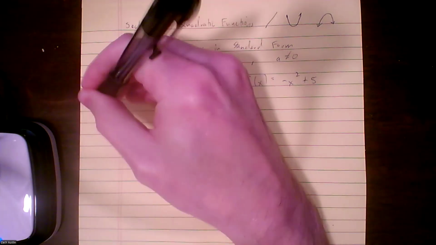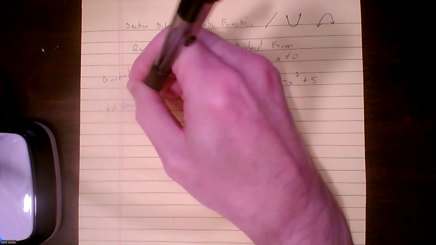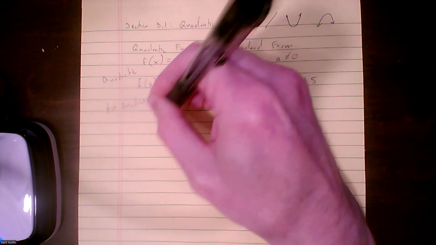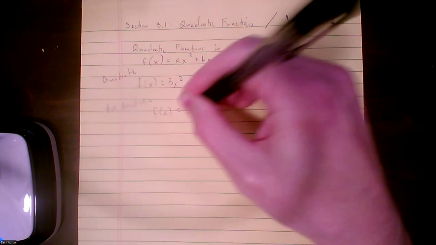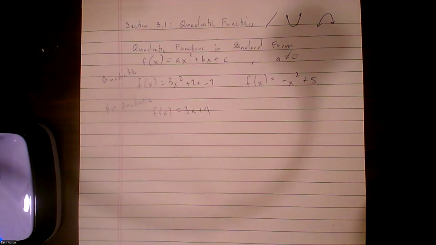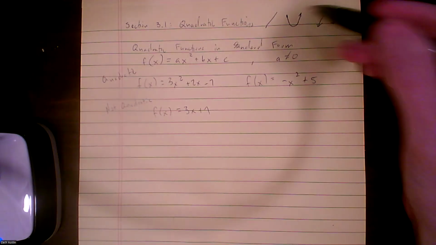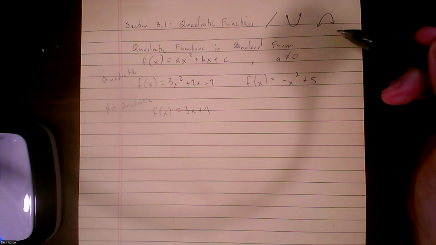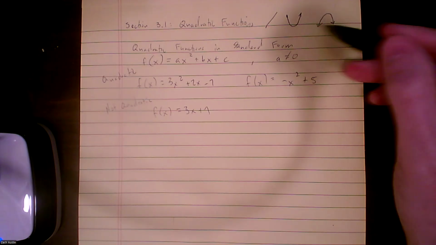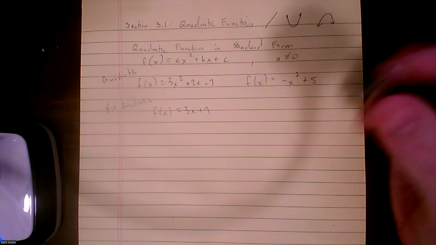Okay, let's look at a couple of examples of things that are not quadratic. Well, the linear equations, if we're missing that x squared term, if we have something like 3x + 7 that we saw in the last one, that's a linear equation. The graph's going to be a straight line. It's not going to give us one of these U-shaped curves like we saw in the example earlier.